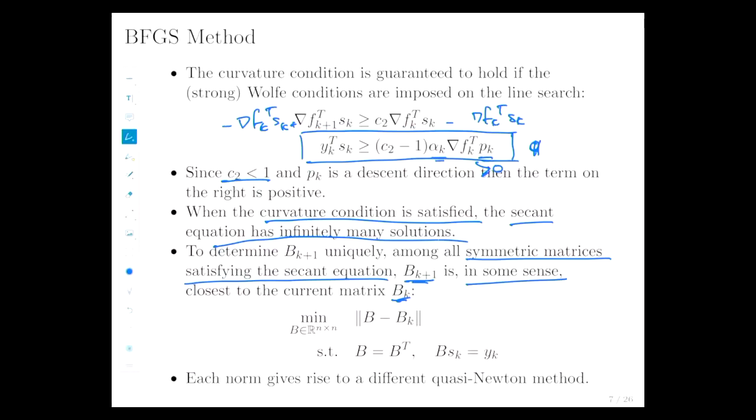In general, different choices of norm will give rise to different versions of a quasi-Newton method. What do we mean by being close to the previous B? You can generate infinitely many algorithms there if you recursively keep solving this optimization problem.